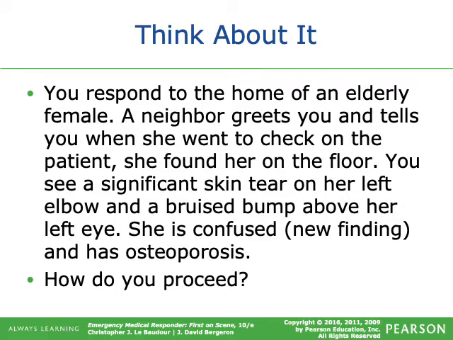You want to assess this patient, complete your primary survey, and a rapid trauma assessment since she's confused. You want to treat this individual as she may have a head injury, and you just want to go from there.